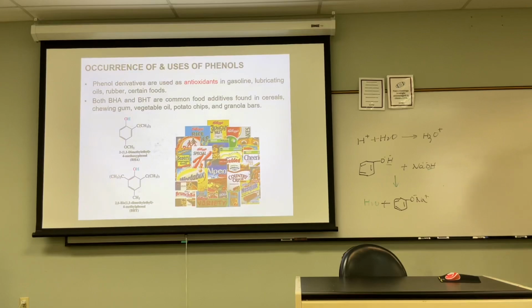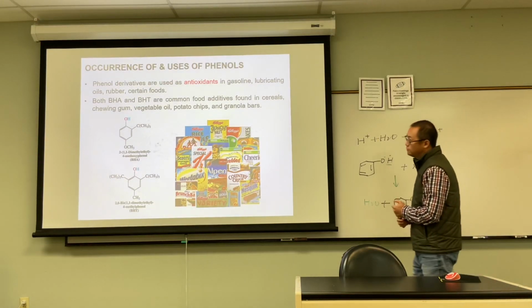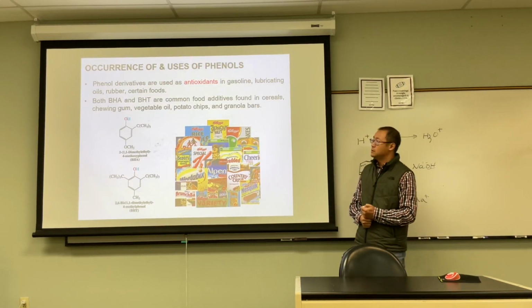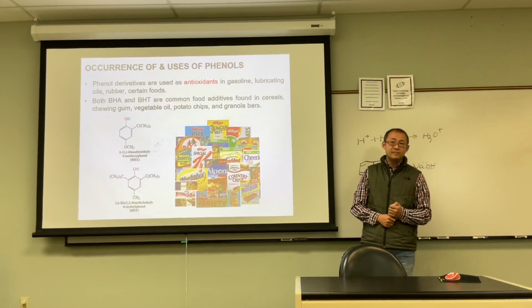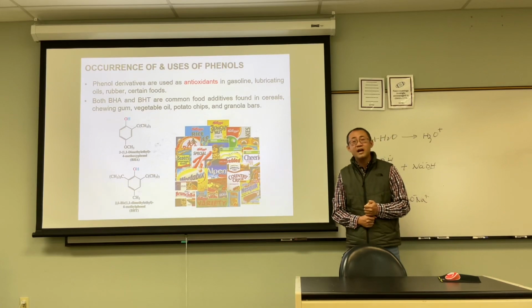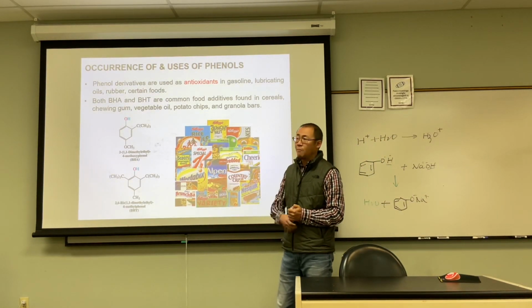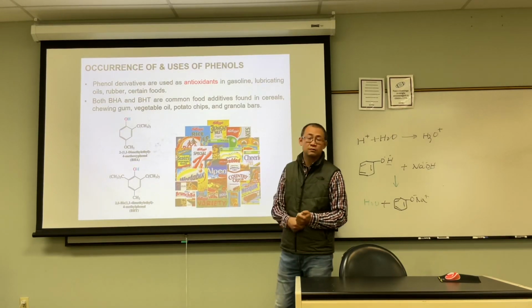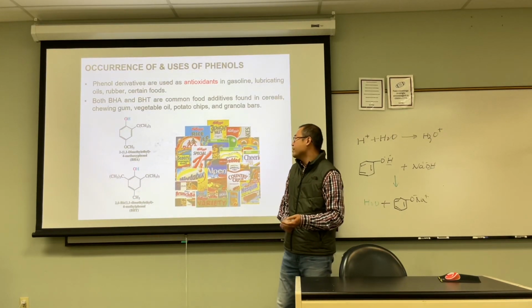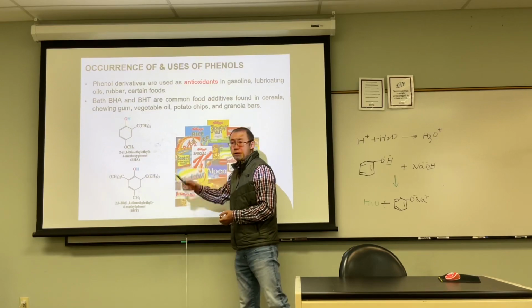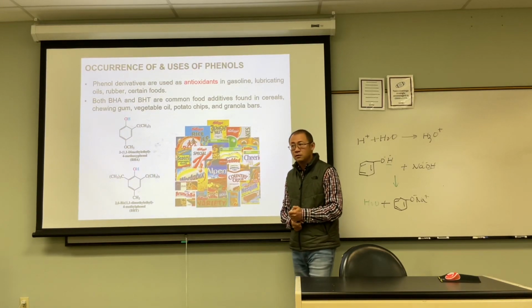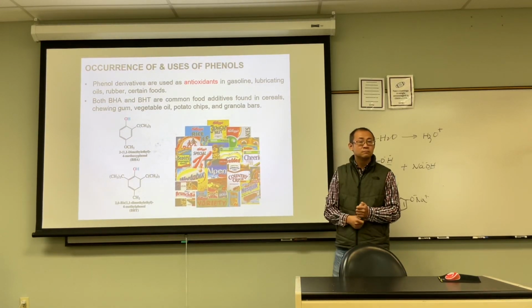Another use of phenol is as antioxidant. Antioxidant use of phenol is mainly in commercial products and in foods. For example, these two are FDA approved additives in all kinds of foods.